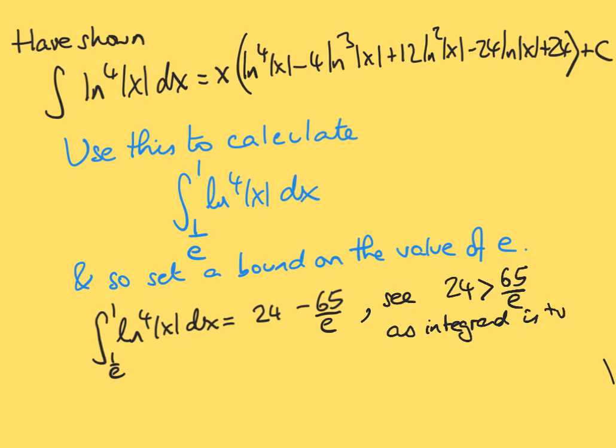So we can rearrange that by multiplying both sides by e, that's positive, so it doesn't change anything, and we can also divide both sides by 24. So it therefore follows that e is greater than 65 divided by 24.